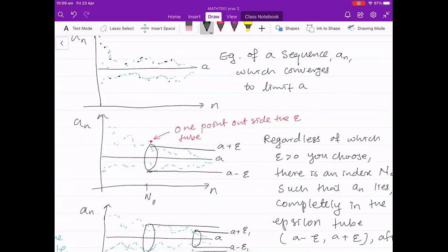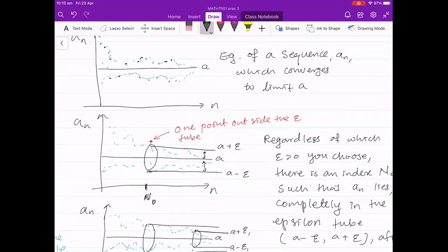So the epsilon-N definition says, if you give me any epsilon, this is the epsilon distance, then I can choose an n, let's say n0.